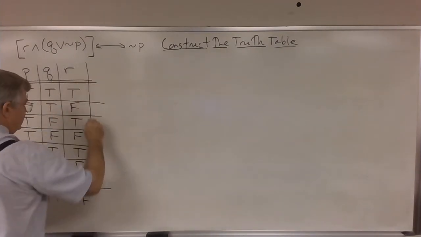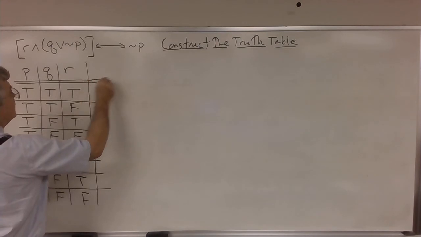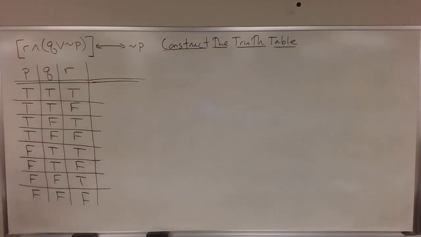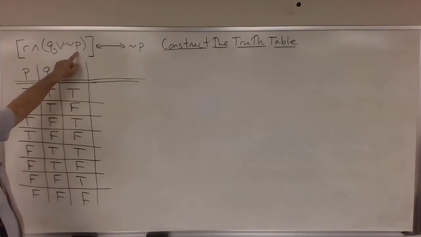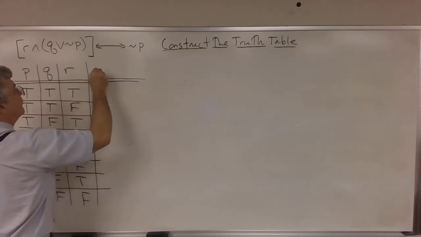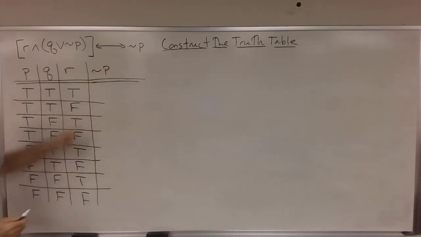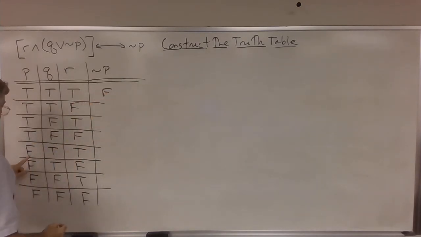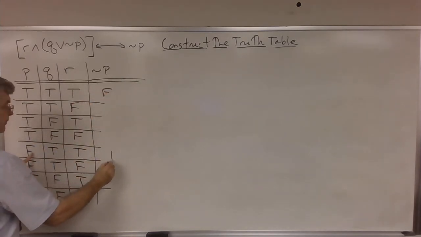So our table is prepared. We can get on with doing the truth table. I guess the first thing we have to do is find the negation of P. And the negation of P just changes trues to falses, and it changes falses to trues.